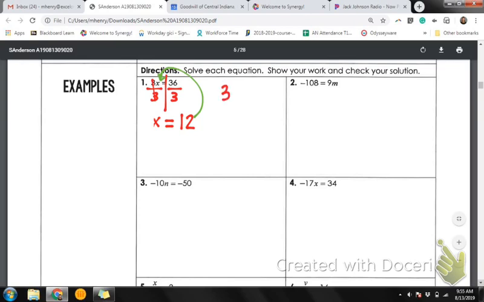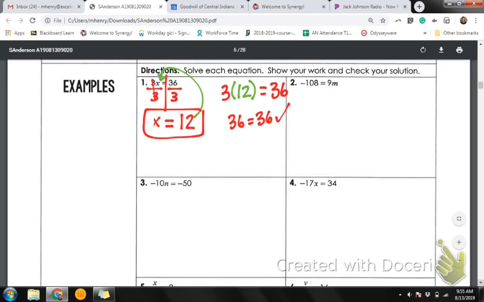So I have 3 times 12. Does that equal 36? Well, we know that 3 times 12 is 36. So 36 does equal 36. So x is 12 is our answer.